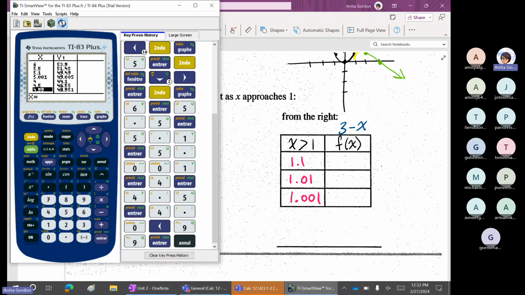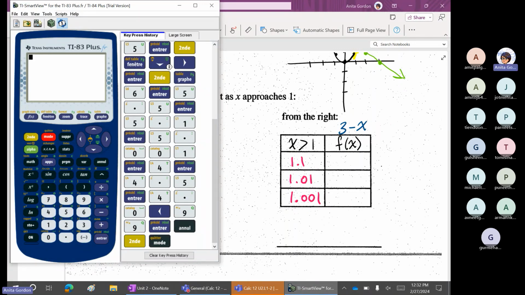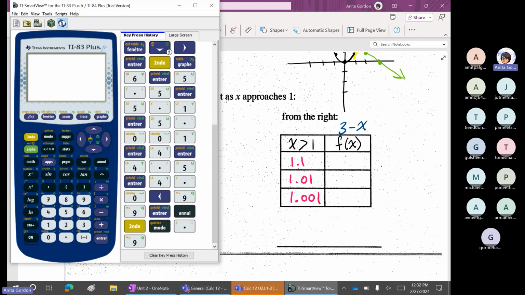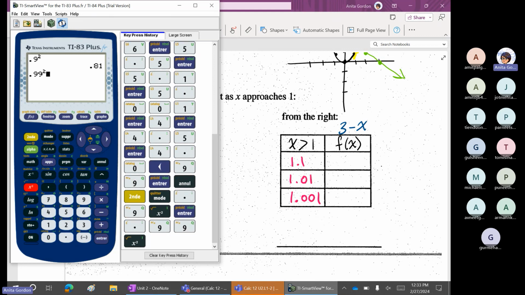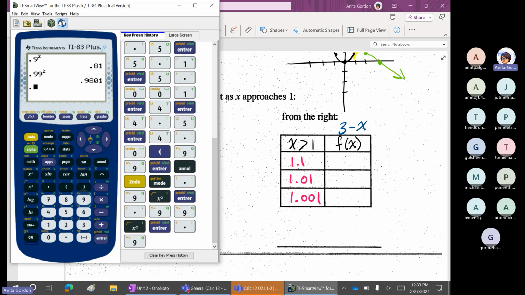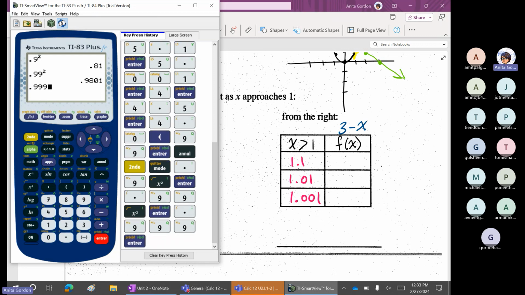Clear everything. If you do second mode, it gives you the quit function, which just puts you back to the home page. So 0.9 squared, 0.81. 0.99 squared, 0.999 squared. Oops, squared.